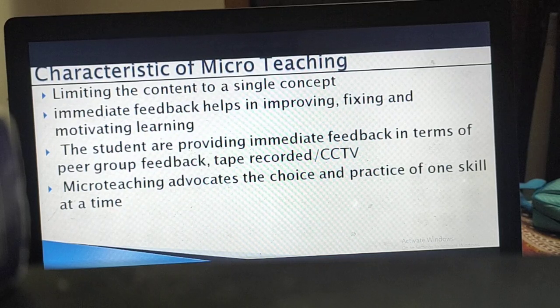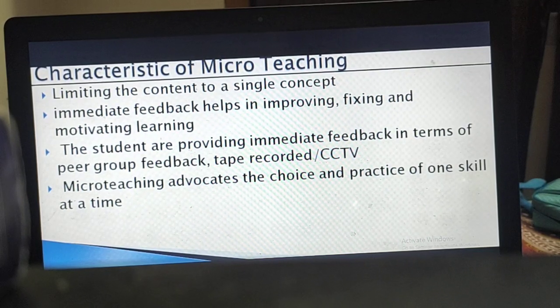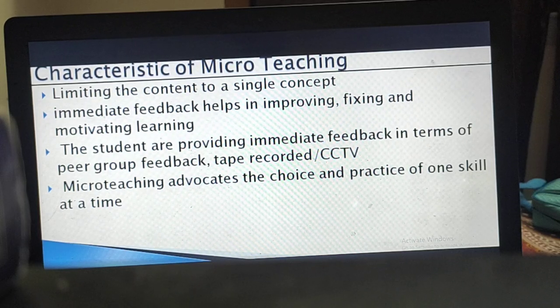Next characteristic: immediate feedback helps to improve fixation and motivate learning. Already I have discussed that teachers act in three roles: as a teacher, as a student, and as an observer.